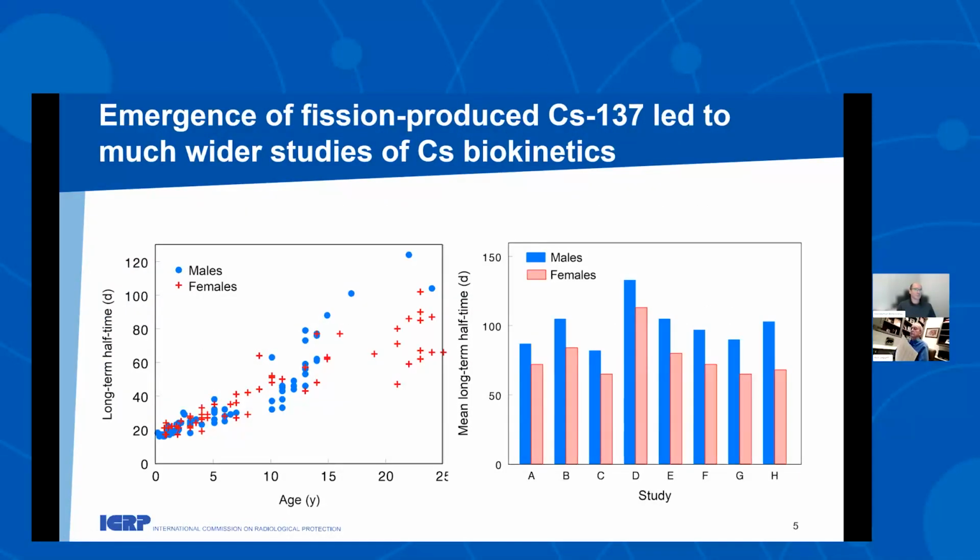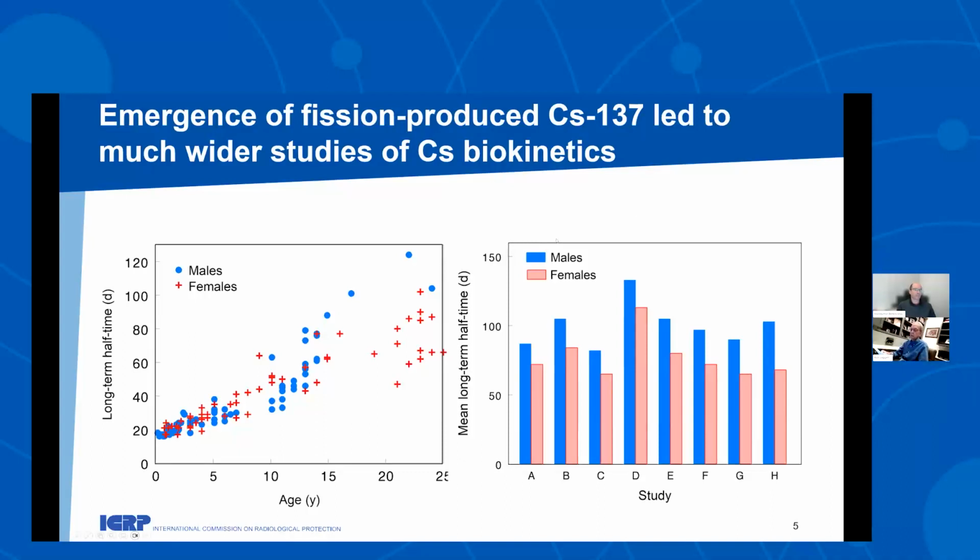In the 1950s, the emergence of fission-produced cesium-137 in the environment led to a much wider group of studies of cesium biokinetics, more at the whole body level than before.